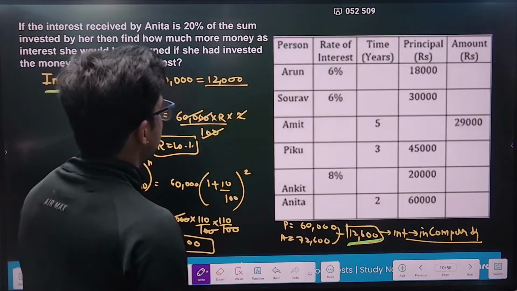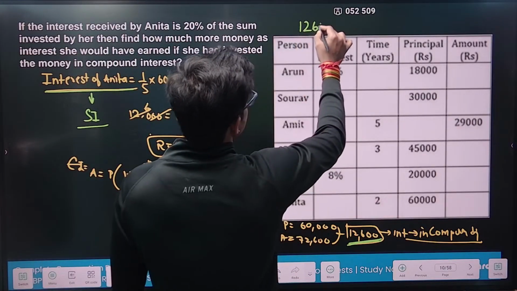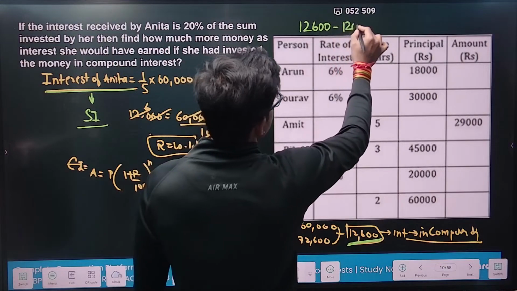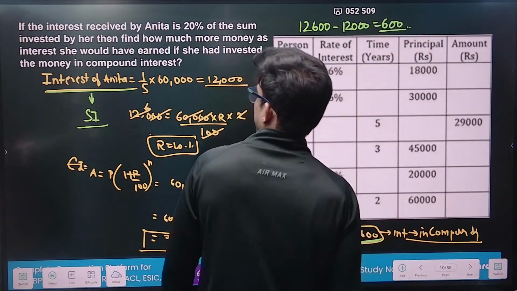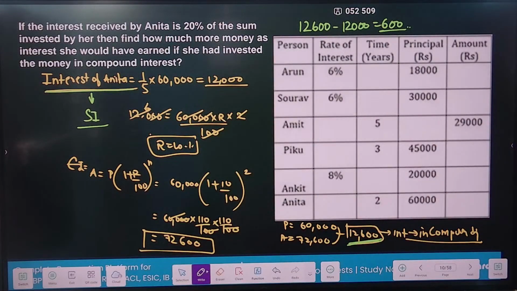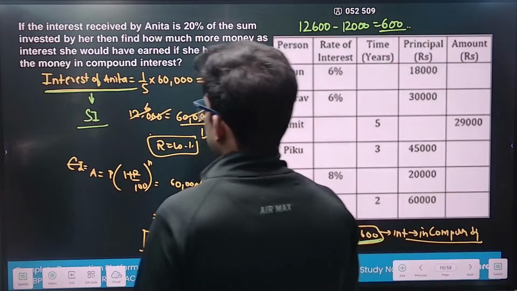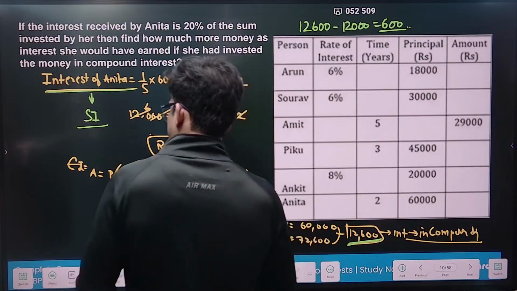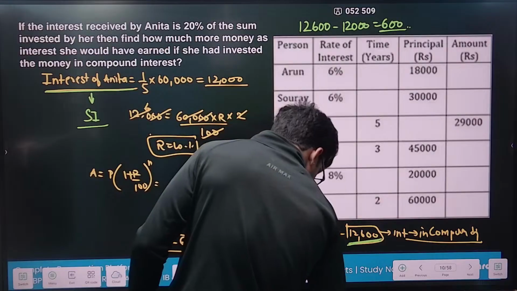What is the difference now? 12,600 minus 12,000. The difference is 600. This is the more amount she would earn if she invests the money in compound interest. Clear? Quite a lengthy question, but it's easy. That process is known to you. I hope you guys are getting how this question is done.